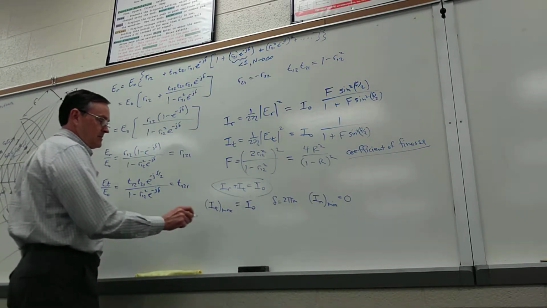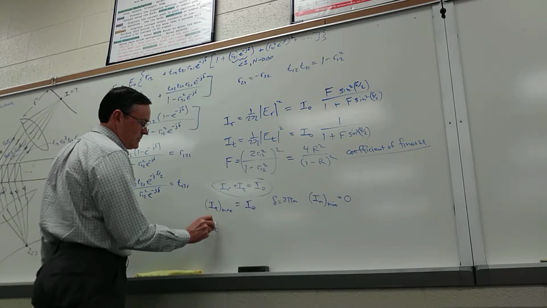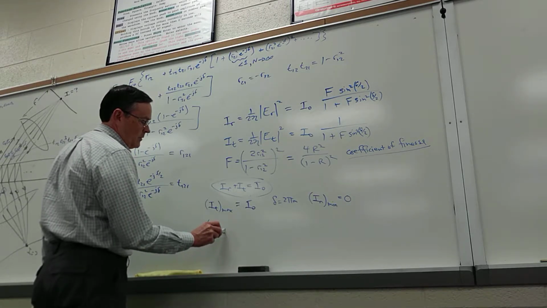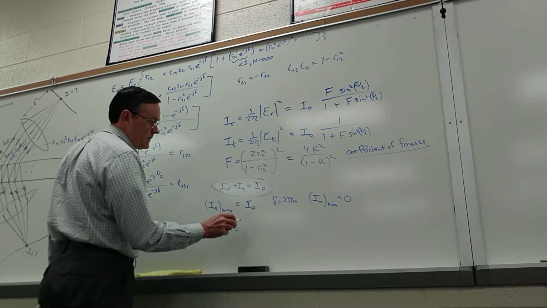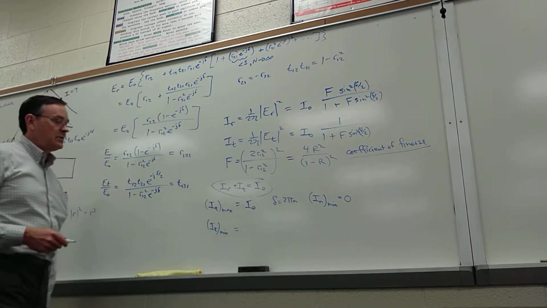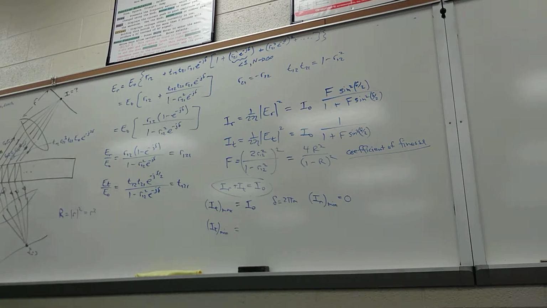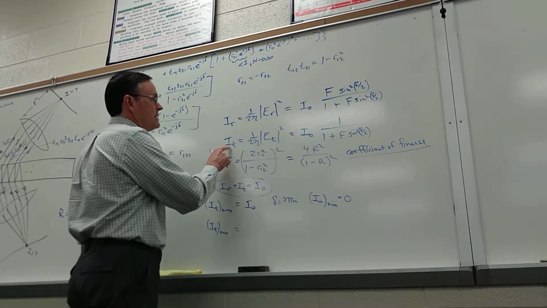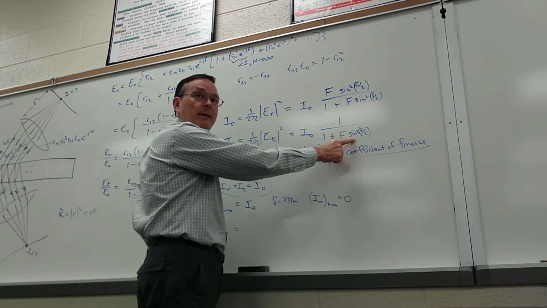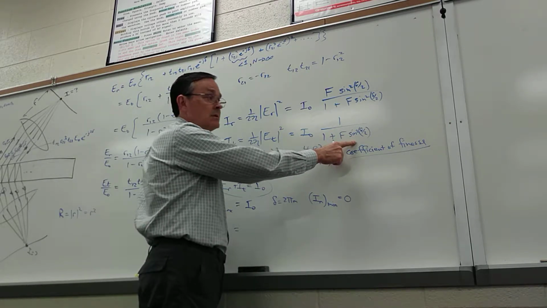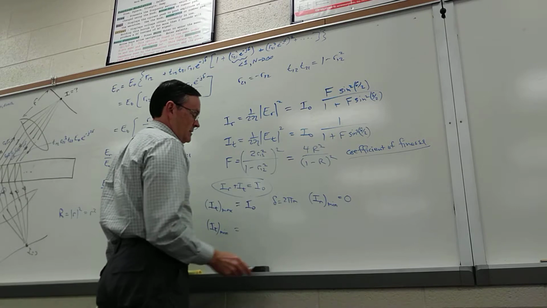Now let's look at the opposite situation, when the transmitted light is a minimum. How much light is transmitted? So when IT is a minimum, that means the sine squared has to be a maximum, right? In which case it's 1.